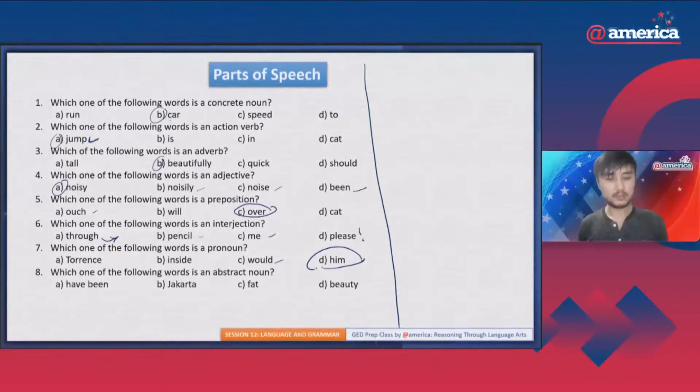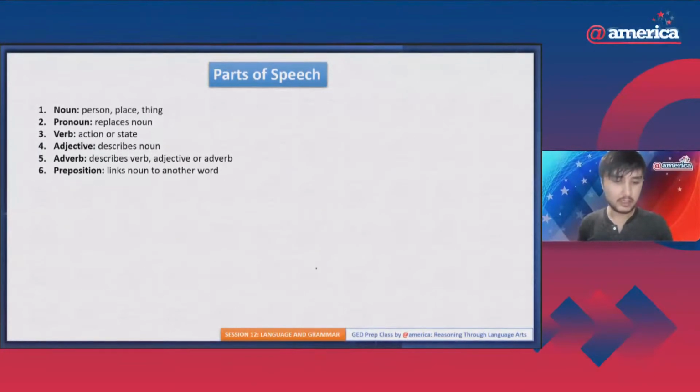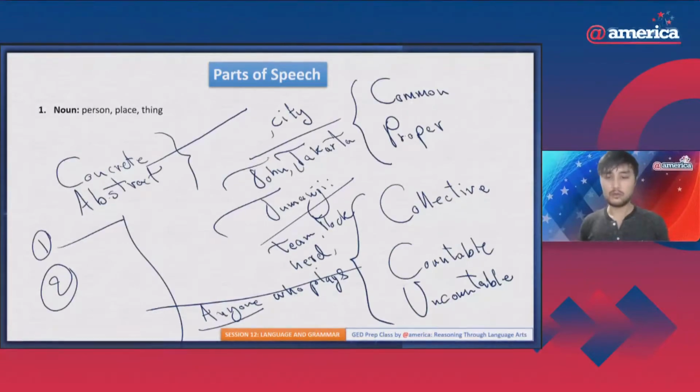Now, number 8. Which of the following words is an abstract noun? First of all, abstract nouns. In this slide, when we talked about all different types of nouns, we said that concrete nouns can be touched, felt, smelled, heard, seen, right?